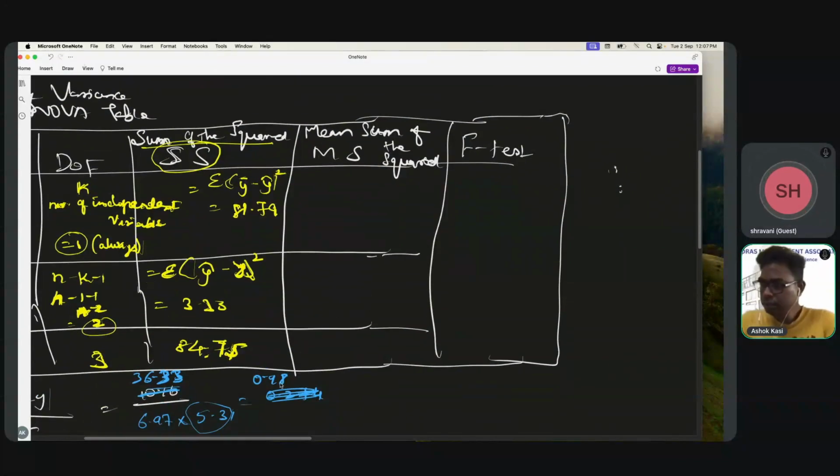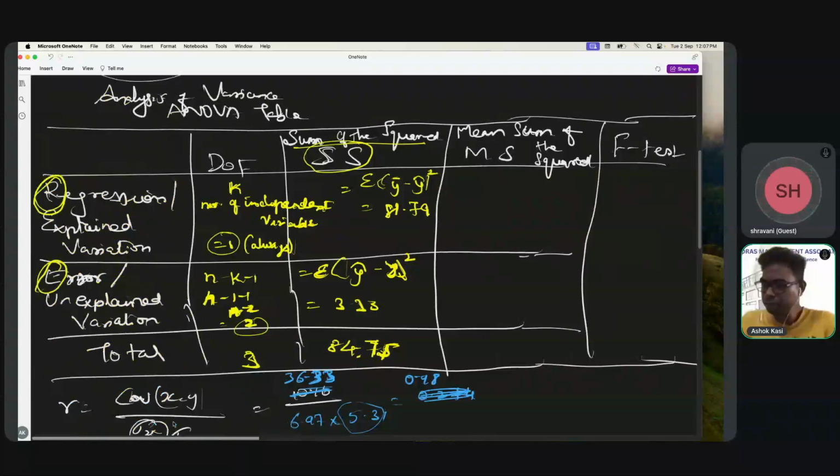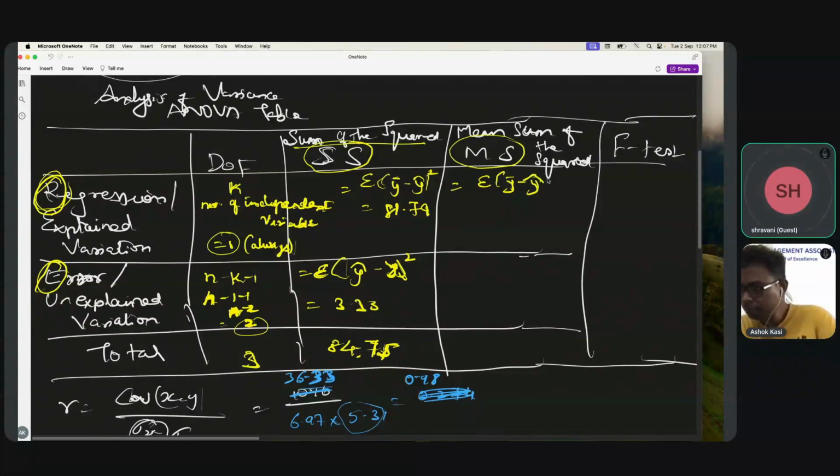Now mean sum of the squared error. Mean sum of the squared regression, that means MSR. Mean means we have to divide it by degree of freedom. So the formula goes like this: y bar minus y hat square divided by degree of freedom.